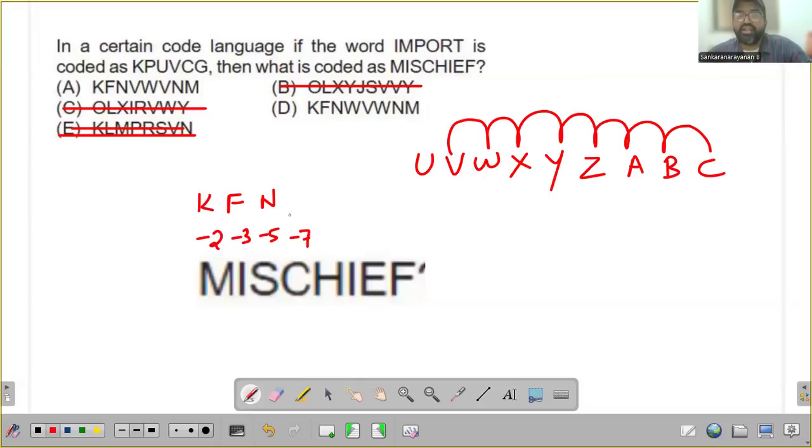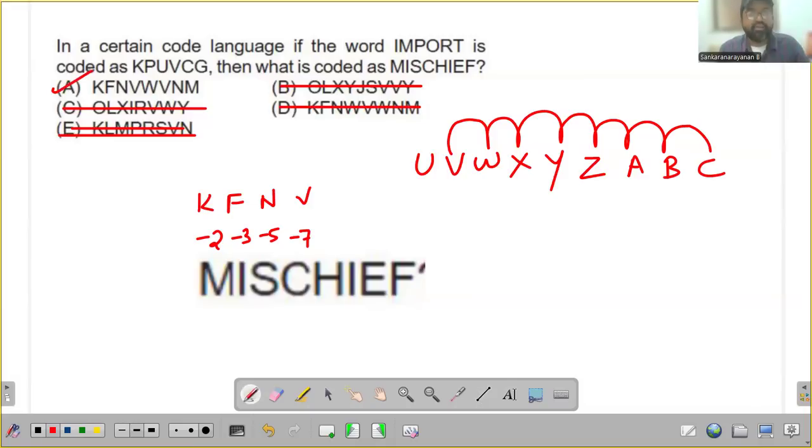So we can see that it has to be V. Now KFNV comes with option A. Here it is KFNW. So D can thus be eliminated. We can see that option A is going to be our answer.